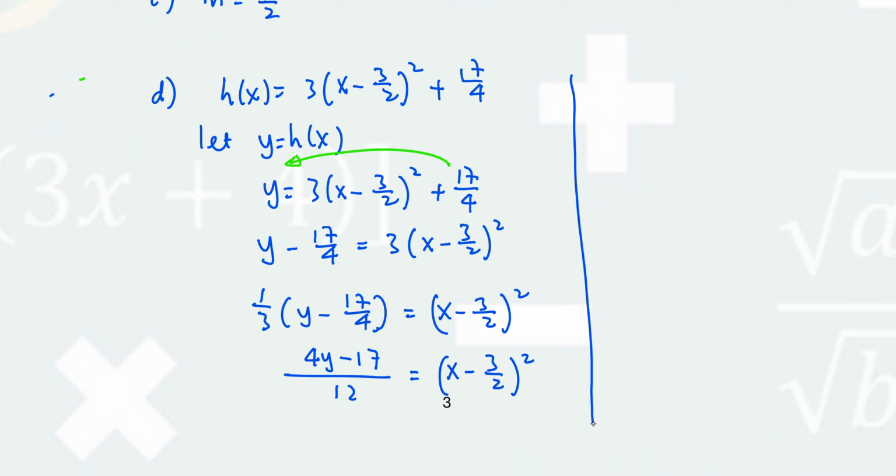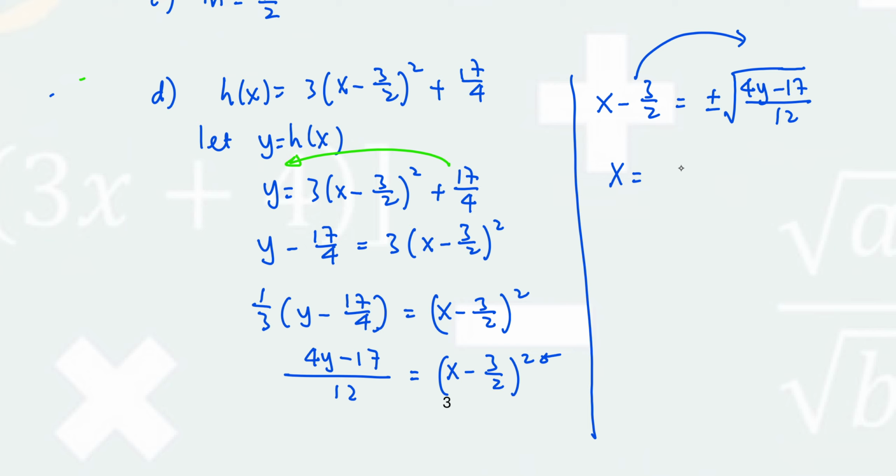Now, to get the x as a subject, we need to eliminate the square. So this square you move to the other side, it becomes plus minus square root. So I will get x minus 3 over 2 equals to plus minus square root of (4y minus 17) over 12. Then get the x as a subject by moving the minus 3 over 2 to the other side. It becomes positive 3 over 2.